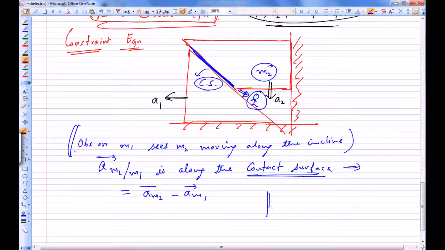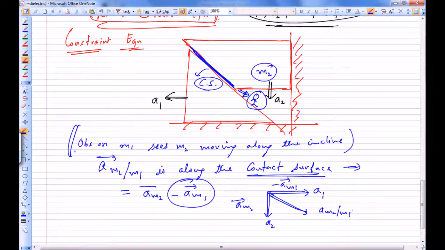Acceleration of m2 is a2 vertically downwards minus acceleration of m1, which is a1 towards right. So this is acceleration of m2 vector and this is minus of acceleration of m1 vector, and the resultant is basically your acceleration of m2 as seen by m1, and this should be along the incline.